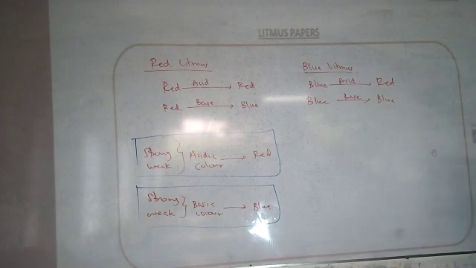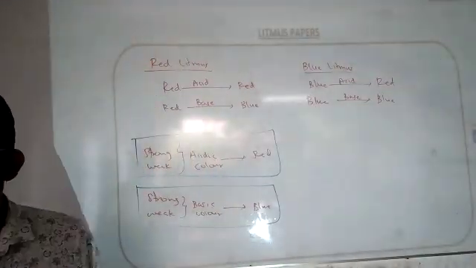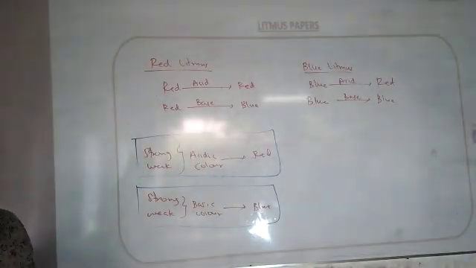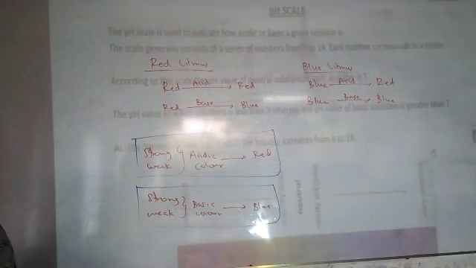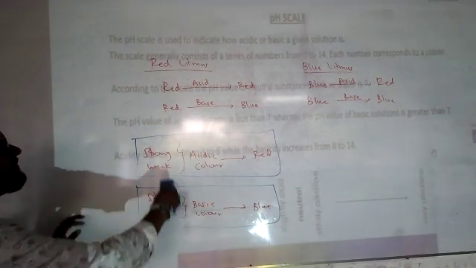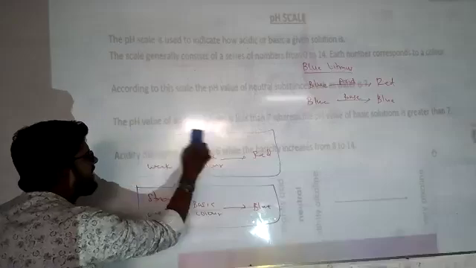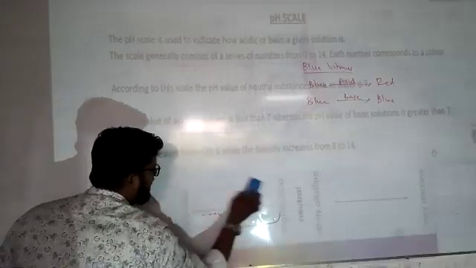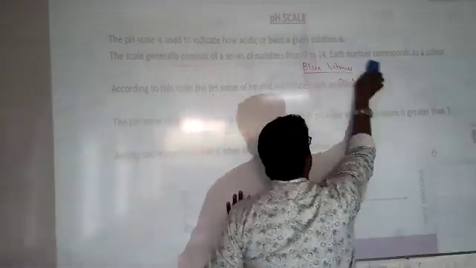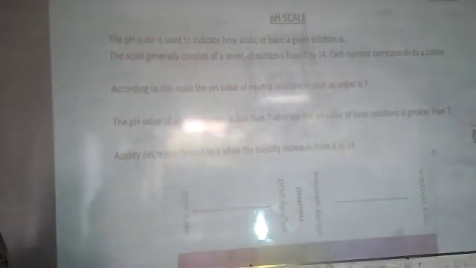Fine. So the next one goes up with the pH papers. The pH scale, when you come, I told you, not only if it is acid or base we can find, but how much stronger they are also we can find out. That is because when you take this pH scale, it does have some color in it. Look at this.